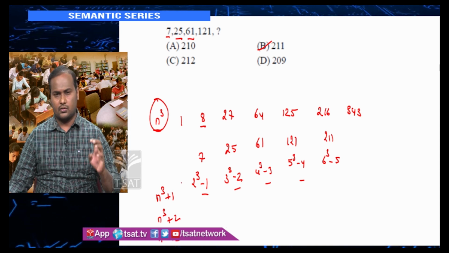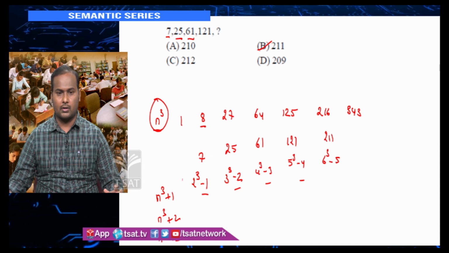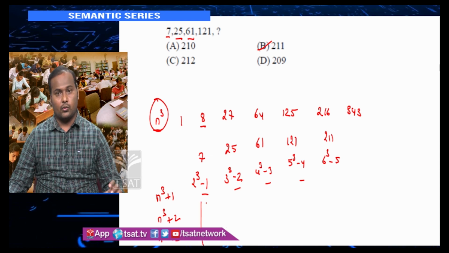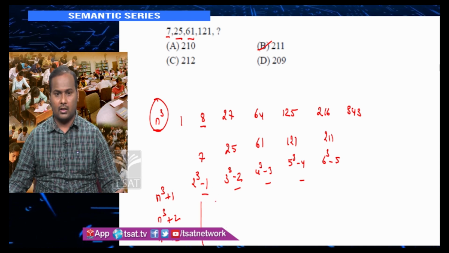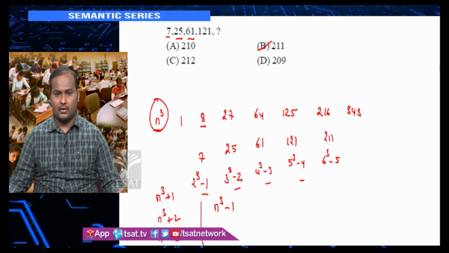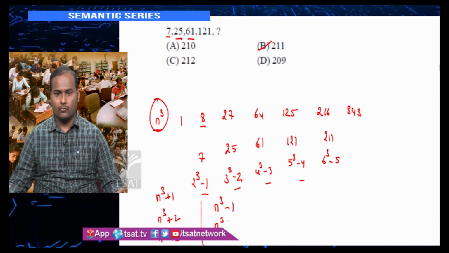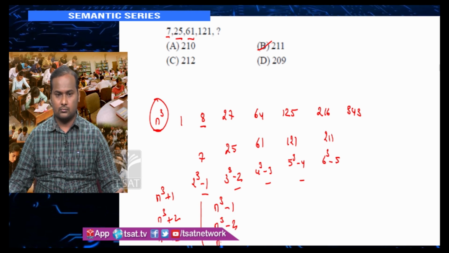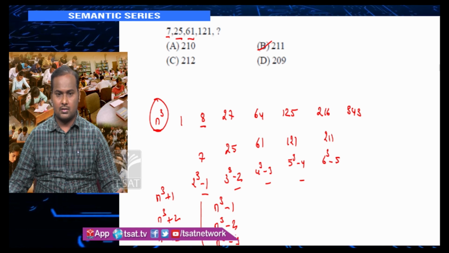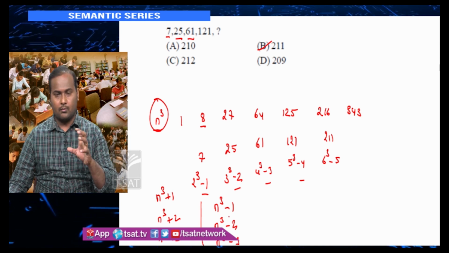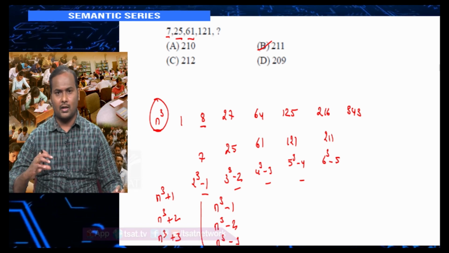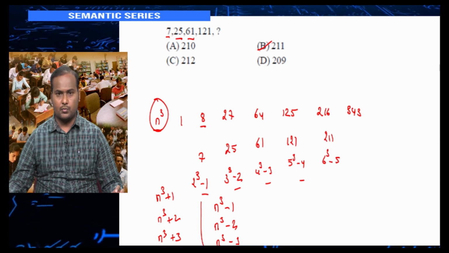So just keep in mind all the values near. That is very important. In the same way, you need to remember n cube minus 1, n cube minus 2 and n cube minus 3. So keep the number range. It is given the cubes, and again the values near the cubes as well.